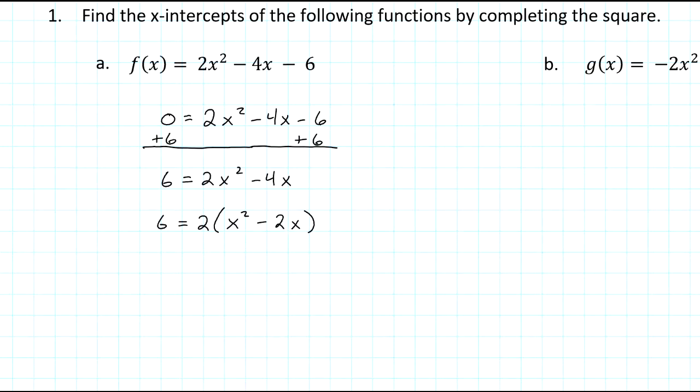And then we're going to complete the square for what's inside these parentheses here. So before I do that, I'm going to just go ahead and divide the 2 out of both sides, so it's also out of the way. So we get 3 equals x squared minus 2x.